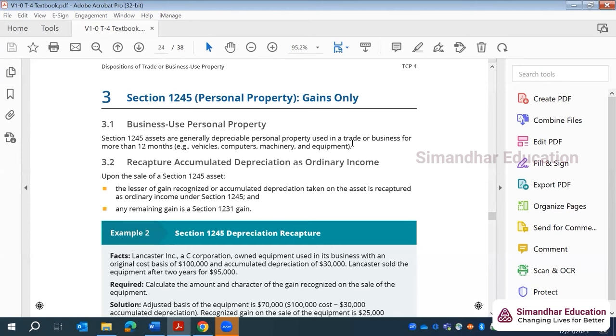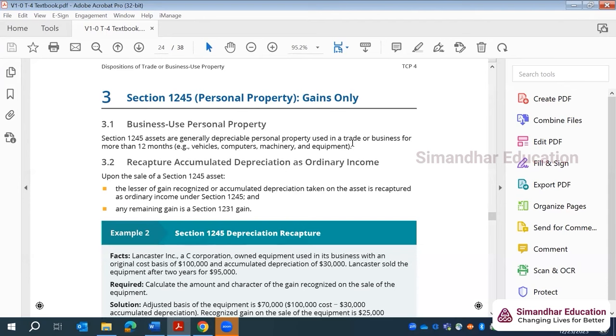Now tell me one thing. If I would not have depreciated this vehicle, if I would have kept the vehicle at its cost price, would you have any gain on this transaction? Absolutely not, right? Why are you having a gain on this transaction? Because you adjusted the basis of the property by depreciation.